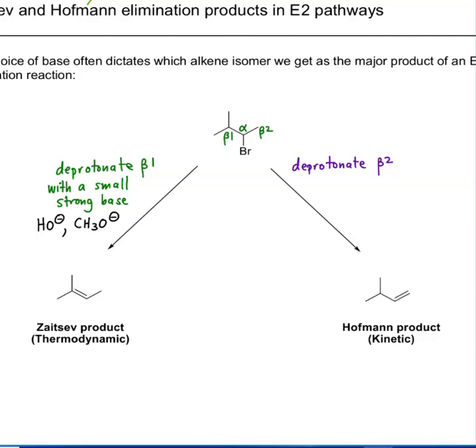A large, strong base that's sterically hindered is going to have an easier time plucking a proton off of beta 2, which is more available and thus easier to get to. So you would deprotonate beta 2 with a large, sterically hindered, strong base.